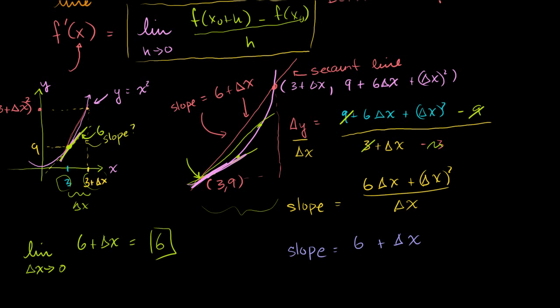Another way we could write this, if we wrote that f of x is equal to x squared, we now know that the derivative, or the slope, of the tangent line of this function at the point 3, I only evaluated it at the point 3 right there, is equal to 6. I haven't yet come up with a general formula for the slope of this line at any point, and I'm going to do that in the next video.